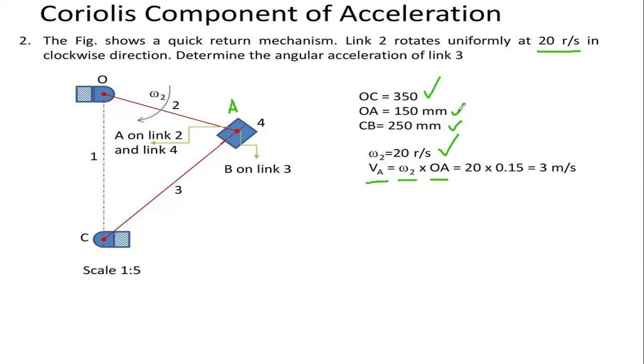We know the OA length as 150 mm and the angular velocity of the second link as 20 radians per second. In total we get the value 3 meters per second.